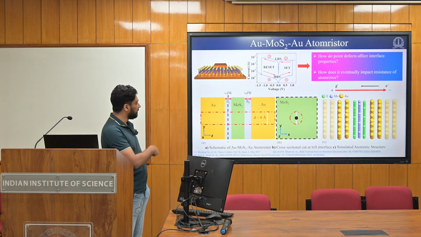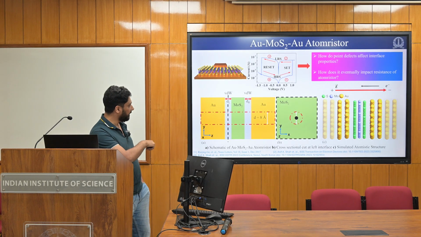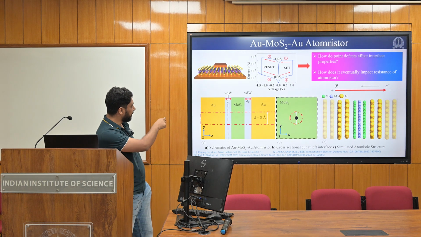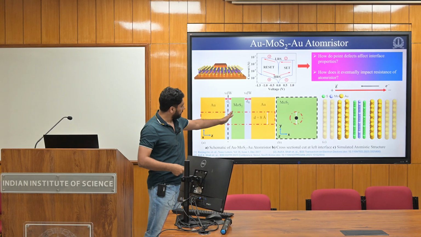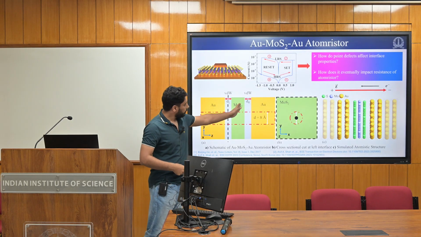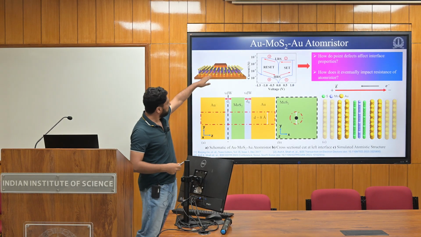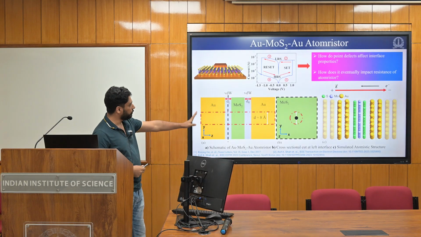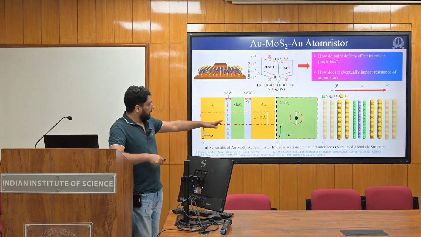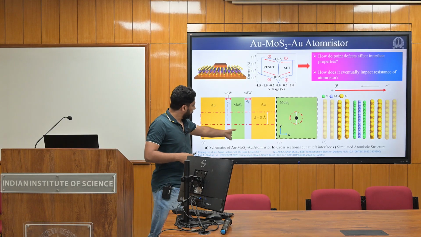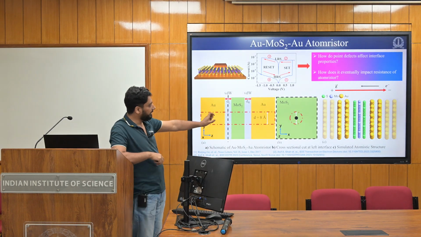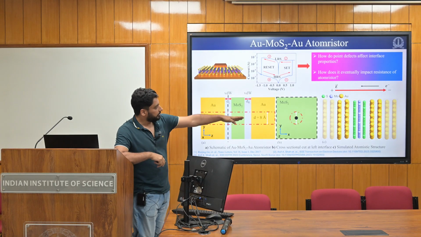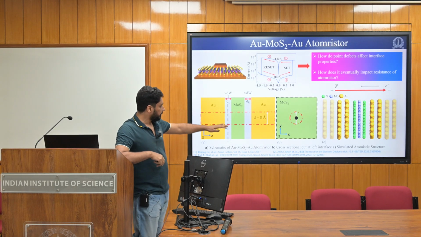Here I have a schematic of the device. This is the side view. You have gold, then a van der Waals gap, then MoS2, and then again a van der Waals gap and gold. Since the metal is symmetric, there are 2 van der Waals gaps. If you see a cross section, shown here in green, I have just shown one defect, and then there is this atomistic view of the same thing.